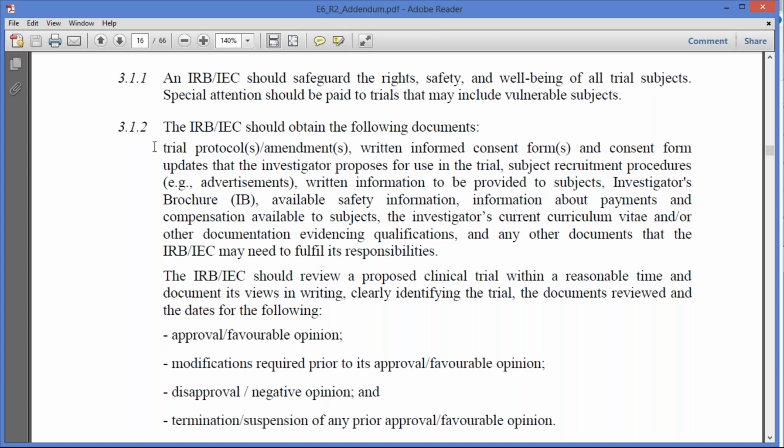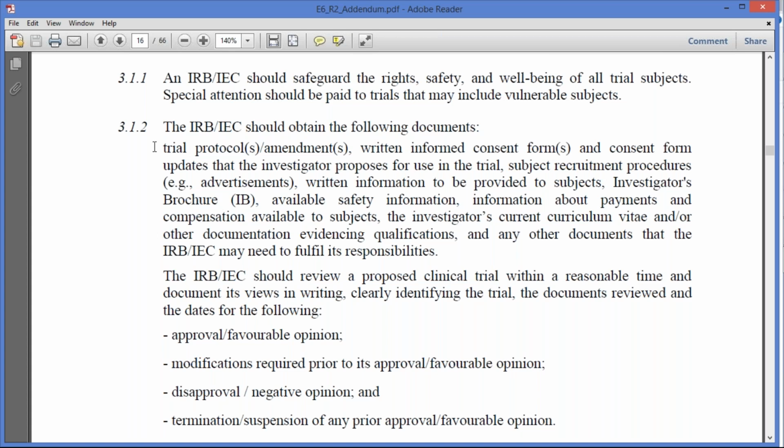Those are all the documents: mainly protocol amendments, informed consent form changes, advertisements like how you're going to recruit the subjects, written information to be provided to subjects, safety information, information about the payments, investigator CVs, all these.